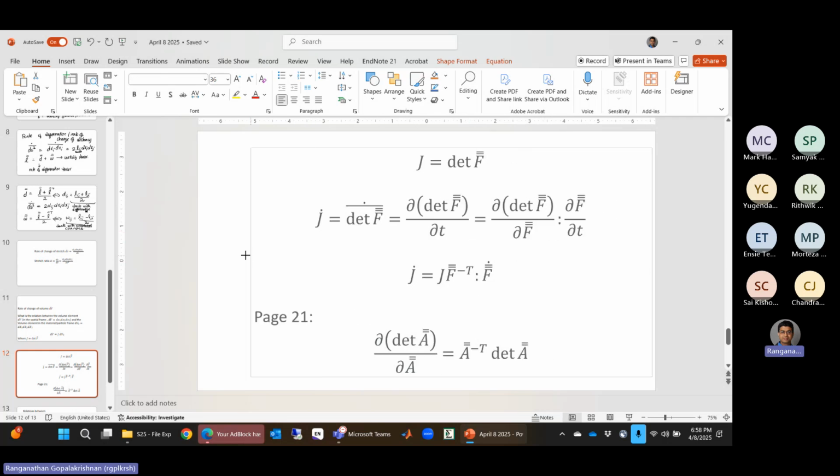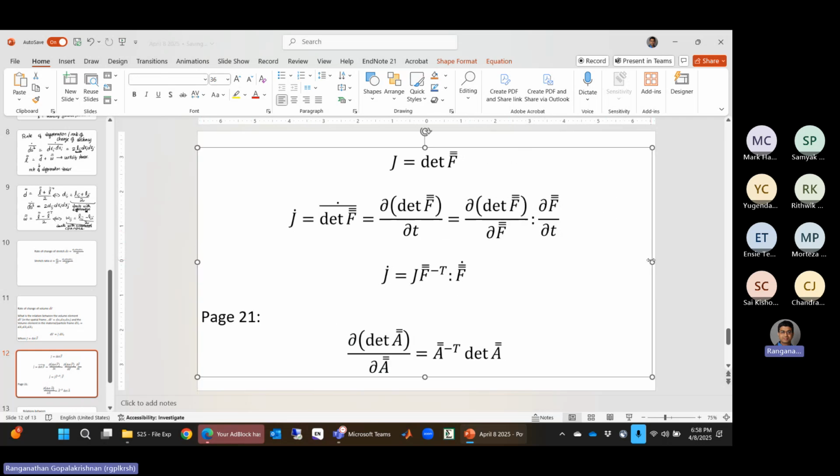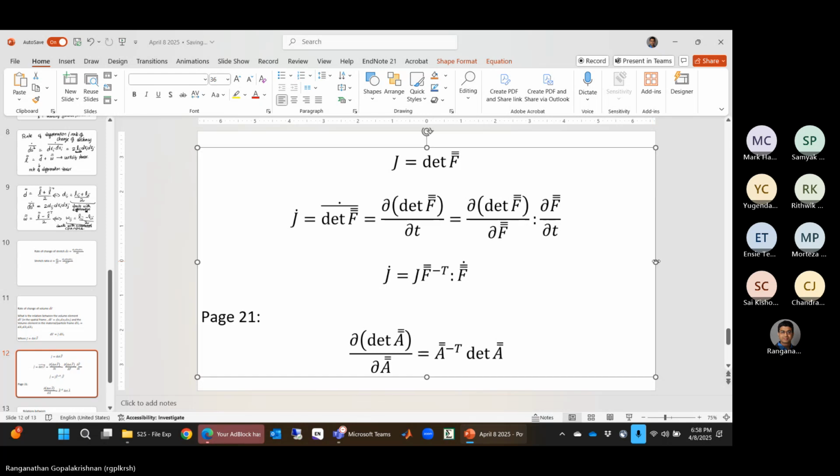Anybody remembers this identity or working on it in the homework? You can say no, it's okay. I'm not going to judge you. No, I don't remember.